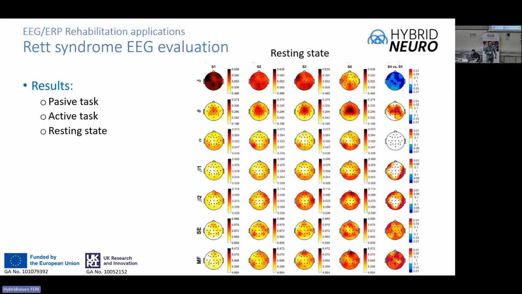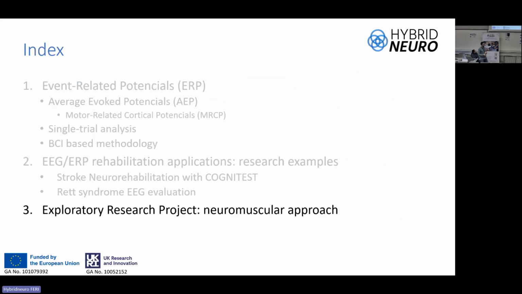So the conclusion was that by stimulating these girls during several days, there are some changes in their basal, resting state activity. So it's time for my partner, Monica.